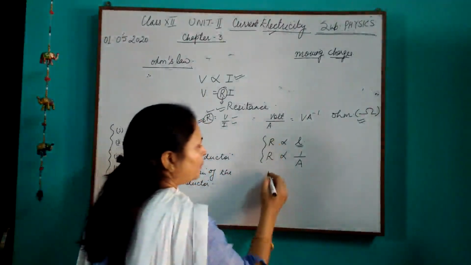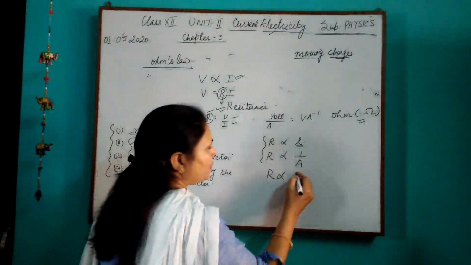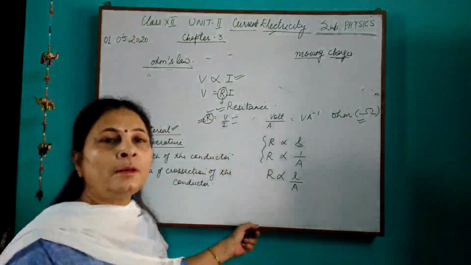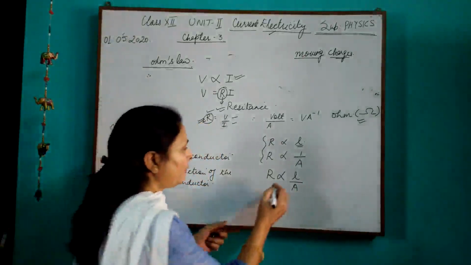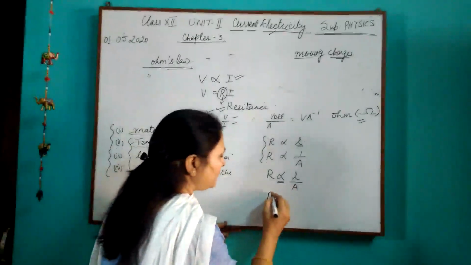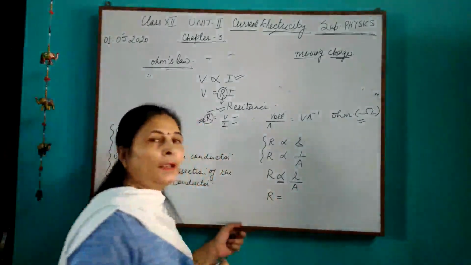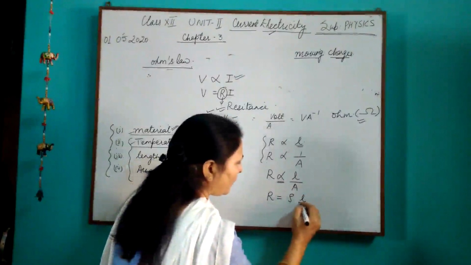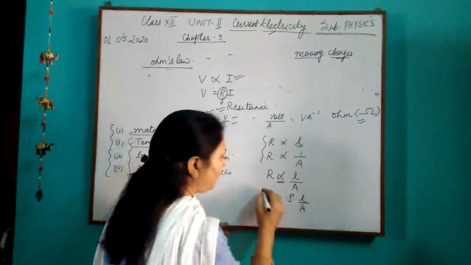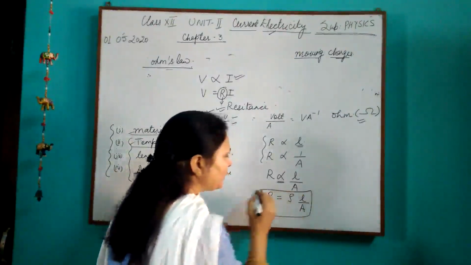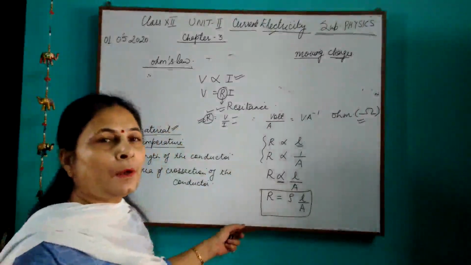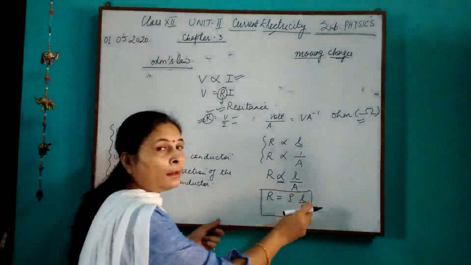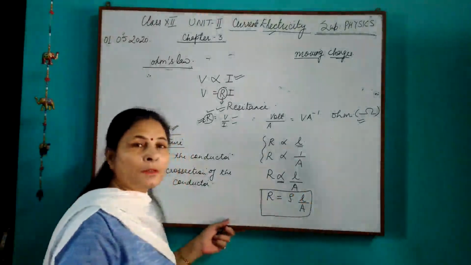Combining these two, you will get R is proportional to L upon A. When you remove the proportionality sign, we'll get a constant, say rho, L upon A. So this is an expression which tells us about the dependence of resistance on length and area of cross section.